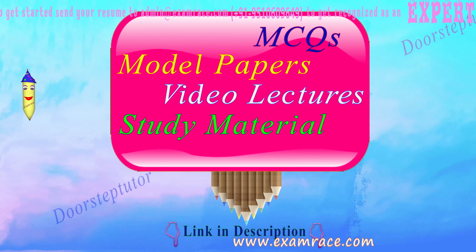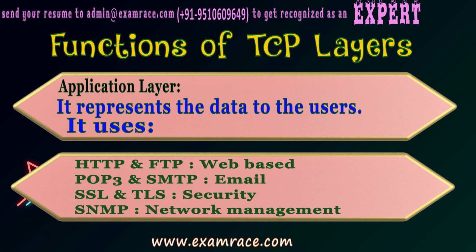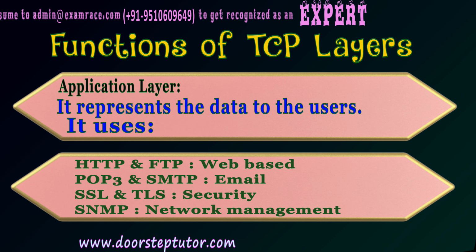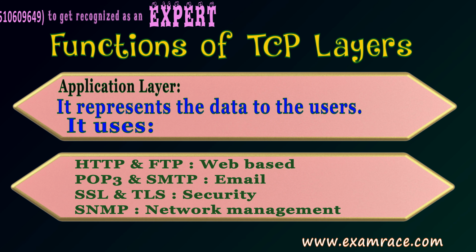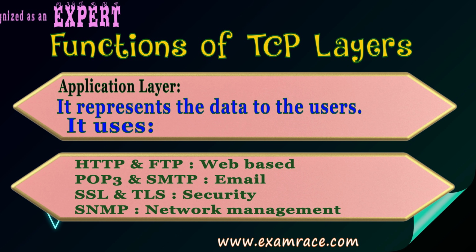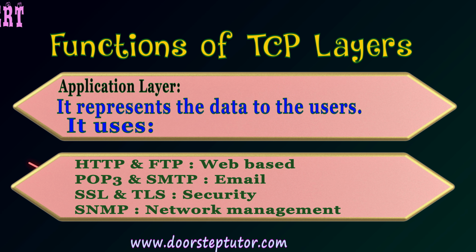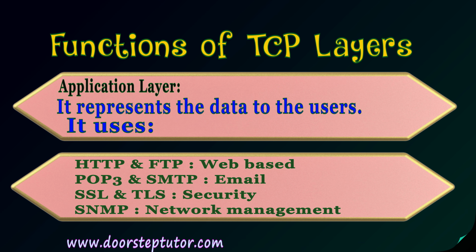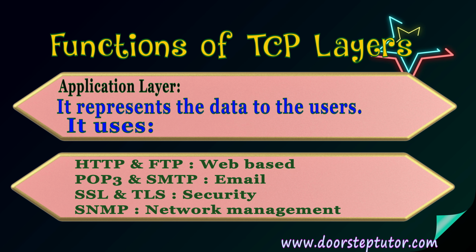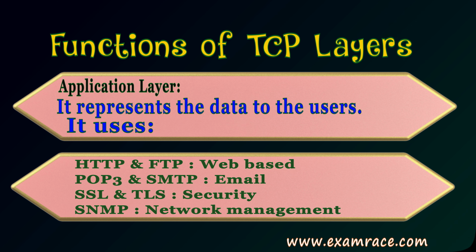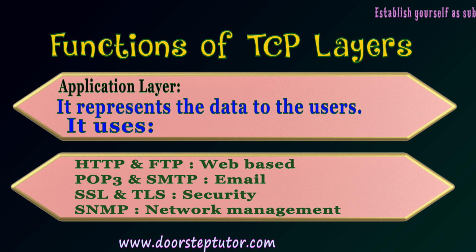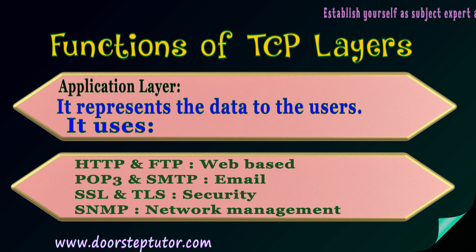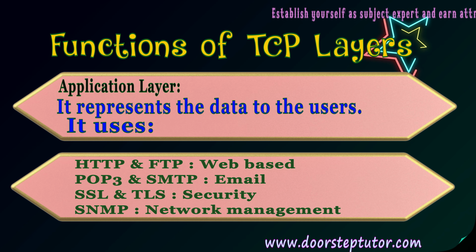For email purposes, we have POP3 and SMTP. Then for the security of websites, we have SSL, Secure Sockets Layer. Then in the last we have SNMP, Simple Network Management Protocol. So this was all about the different functions performed by the different layers present in TCP IP.